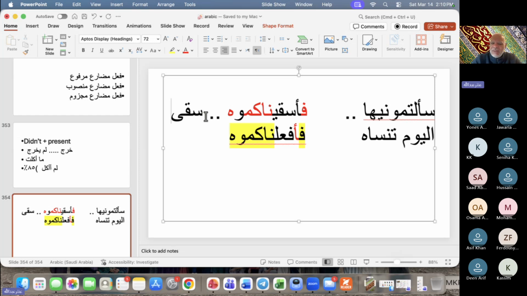One way, as we said, is to drop all the parts that are evident to us as not part of the word, these are added meaning. And the other way of attacking it is to look at sa'altumuniha from the very beginning and start dropping all the letters that are added. So we know, for example, that we have here mim and waw.